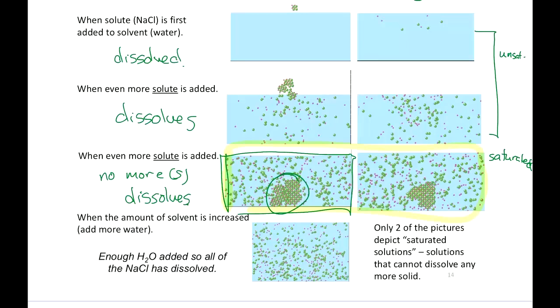Saturated solutions have to have solid at the bottom. And this last picture shows what happens if we take this saturated solution and add more water. Adding more pure water dissolves that last bit of solid that's sunk at the bottom.